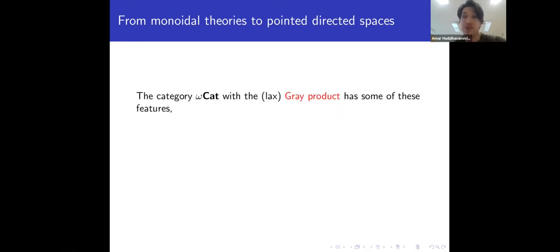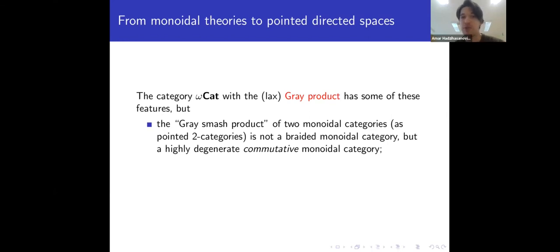So when I started this work, the closest thing to having something like this that I could see was the category of strict omega categories, but not with the Cartesian product, but with the lax Gray product. In particular, because a pro can be seen as a 2-category. However, if we do try to define a Gray mesh product of two monoidal categories as pointed 2-categories, we don't get a braided monoidal category, but we get this thing called a commutative monoidal category.